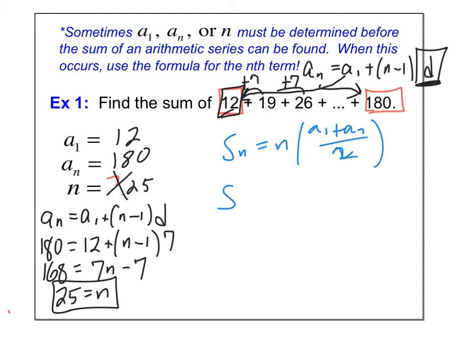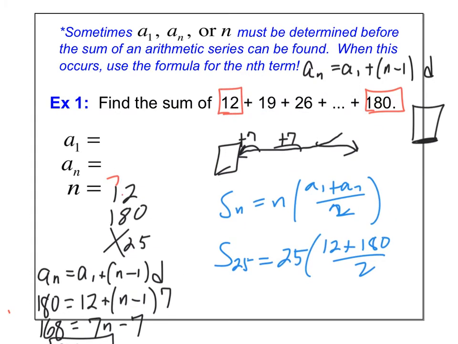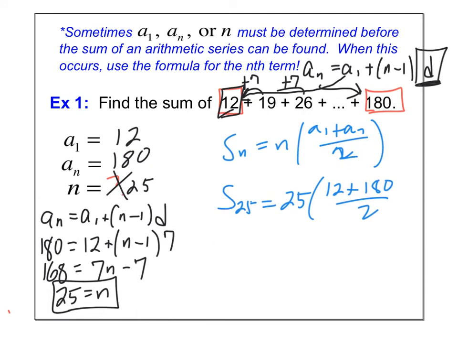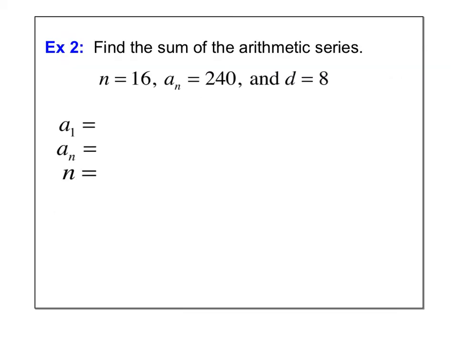The sum now of 25 terms equals 25 times 12, plugging in numbers for my equation, plus 180 over 2, and plugging all of this into your calculator. Plugging all this into your calculator, you should get that the sum of these 25 terms is going to be equal to 2,400. Let's move on to another example.